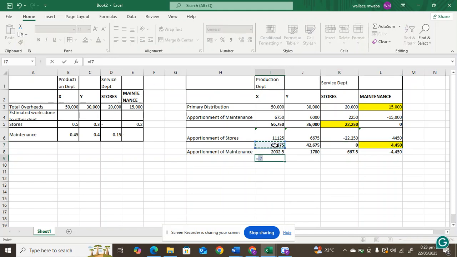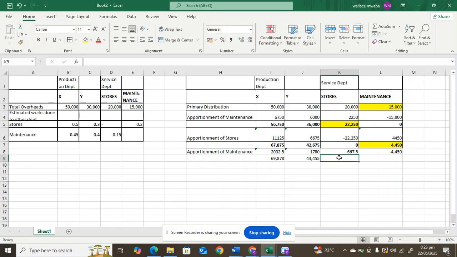So we add for department X 67,875 plus this. Department X 42,675 plus 1,780. Service department, you're going to say 0 plus 667.5.